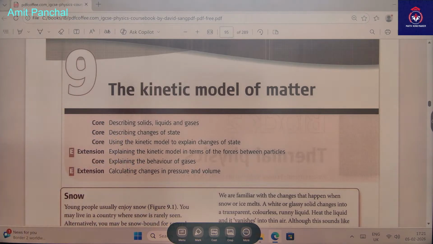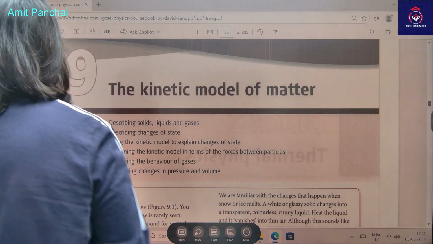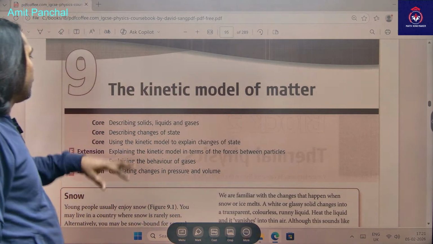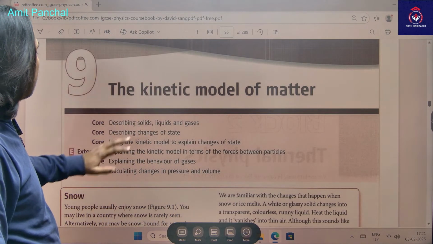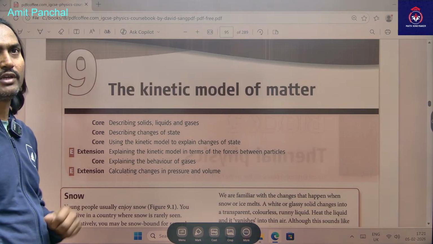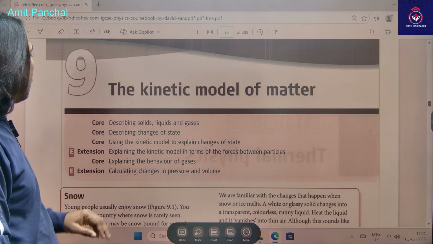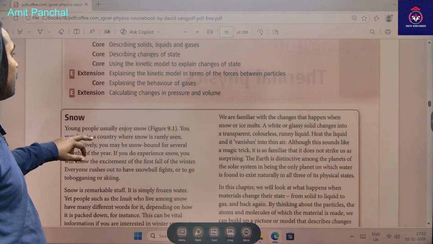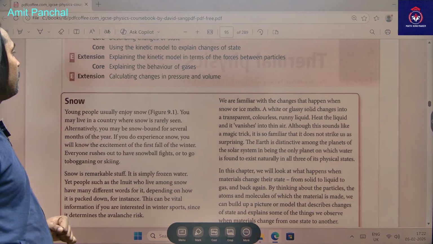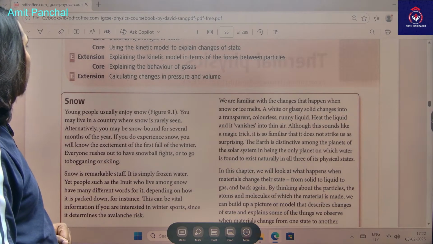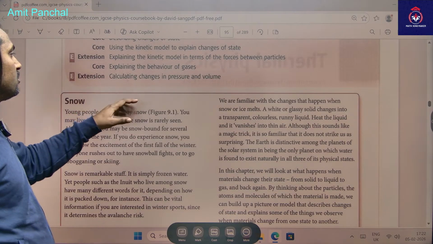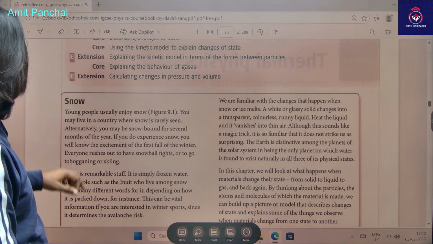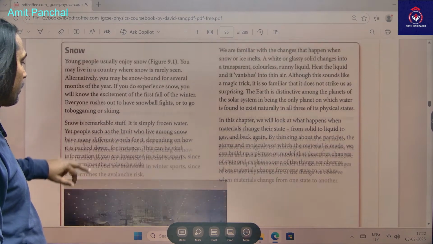In this chapter we will study describing solids, liquids and gases, describing changes of state, explaining the kinetic model in terms of forces between particles, explaining the behavior of gases, and calculating changes in pressure and volume. So, we will also calculate this one.